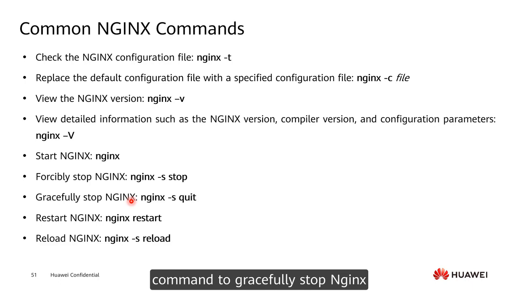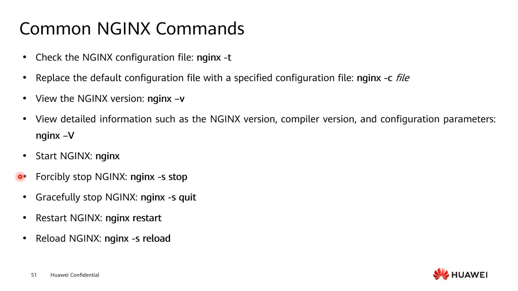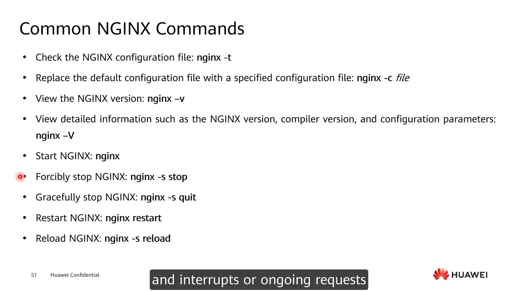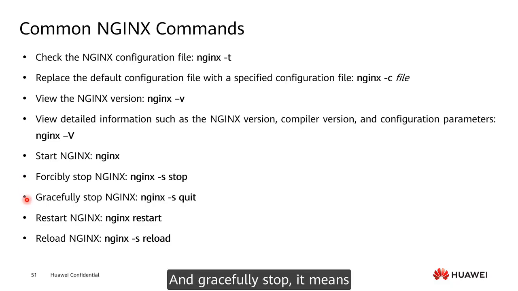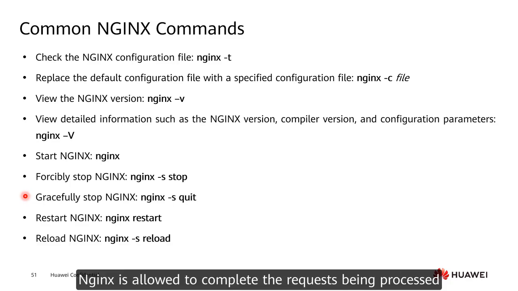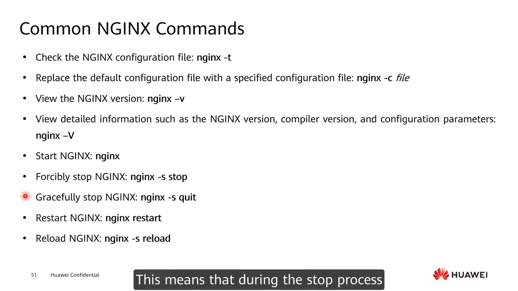For forcibly stopping Nginx, it immediately stops processing new requests and interrupts all ongoing requests. As a result, client requests may fail or pages may not be properly displayed because Nginx cannot finish the requests being processed. Gracefully stopping means Nginx is allowed to complete the requests being processed, and then stops.